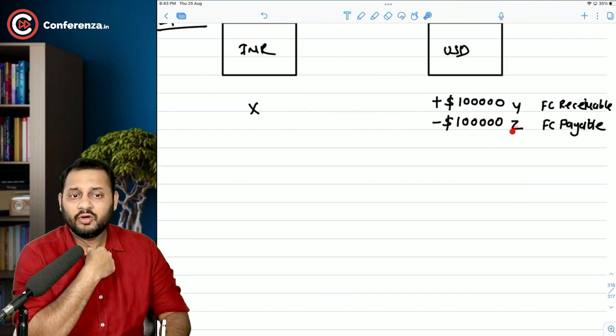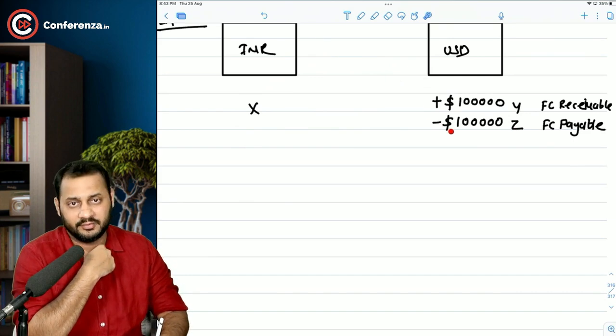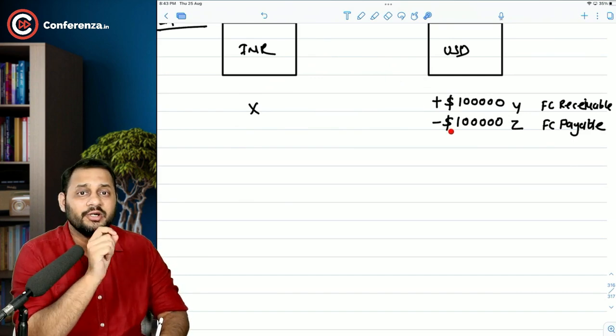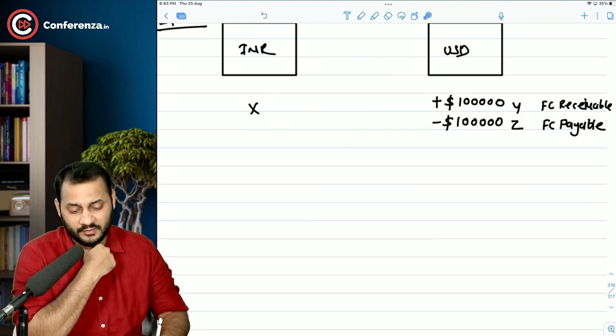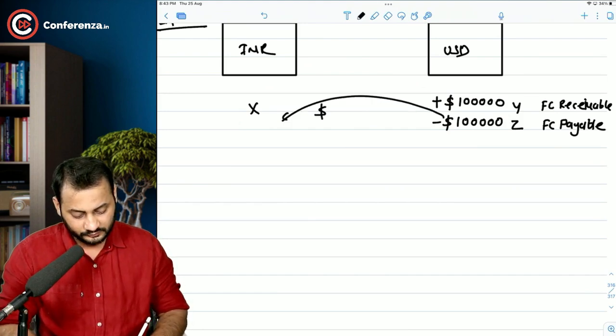If you borrow dollars from the bank today, what will happen? After 6 months, you will have to make the payment to Z, this bank. And how many dollars to borrow today? It should be the present value of $1 lakh. Let's say, for example, the present value of $1 lakh is 90,000.